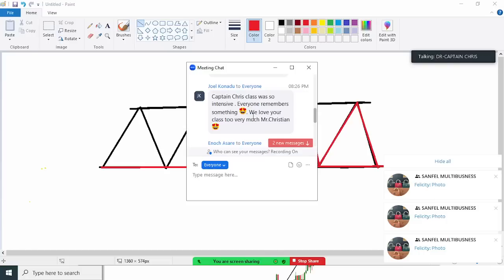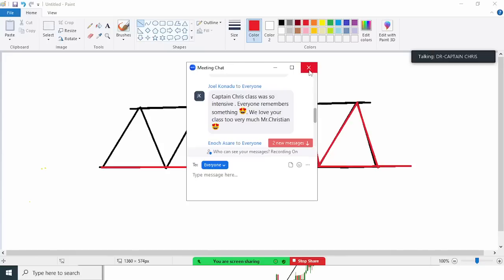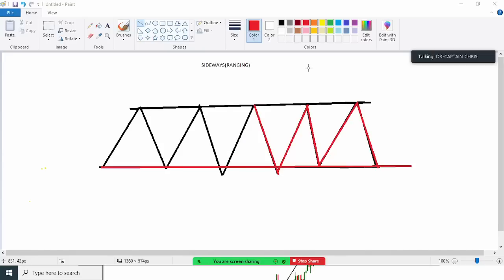I said it when I was explaining ranging market or distribution market: in a thousand and one books, professional tutors who have written books sometimes rewrite the names to suit the book they are bringing out, so that you will think you have heard a new method, but the actual name is what Mr. Chris is talking about. When you become a professional, you also want to confuse the minds of the new audience you tackle.